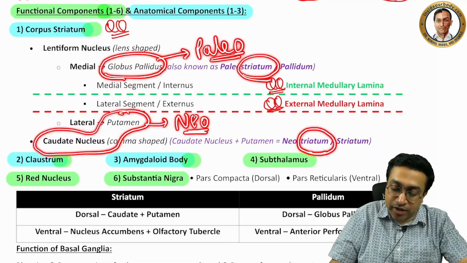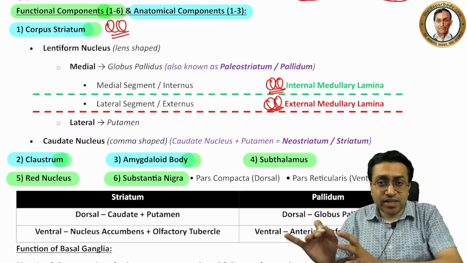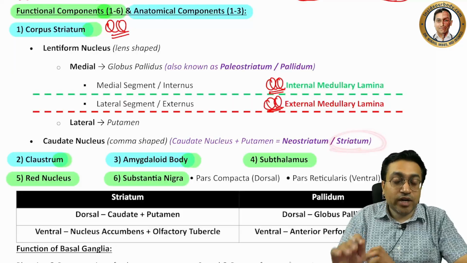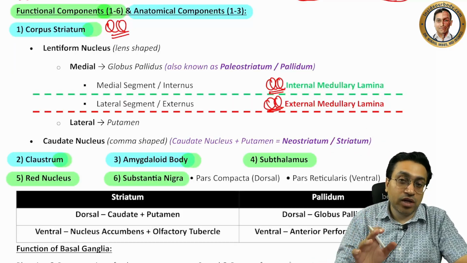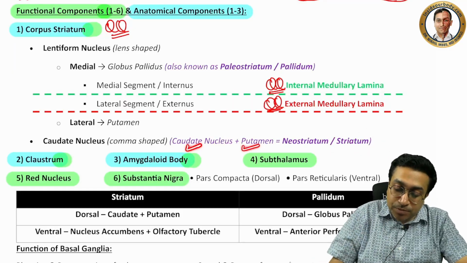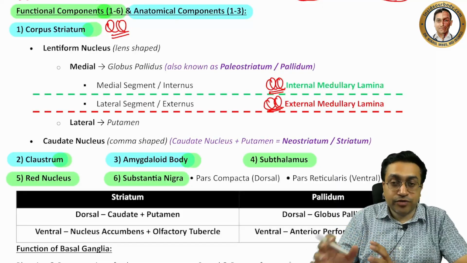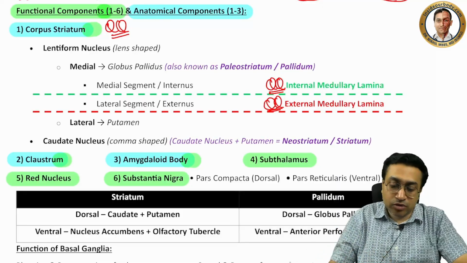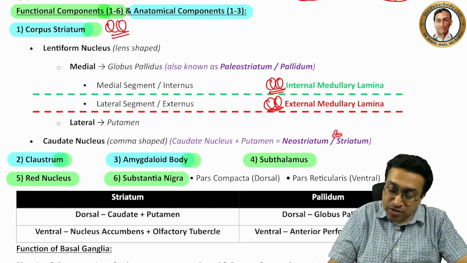The word is striatum, but if you are only saying in the question striatum, that itself means we are talking about the caudate plus Putamen. Okay, so it's a combo which we are talking about. Be very clear about this corpus striatum versus striatum.